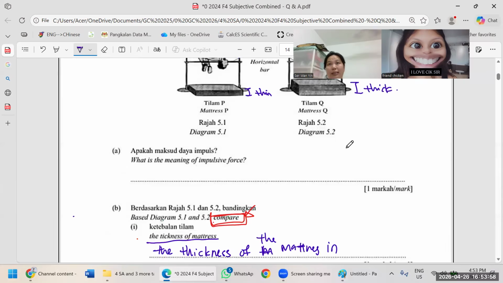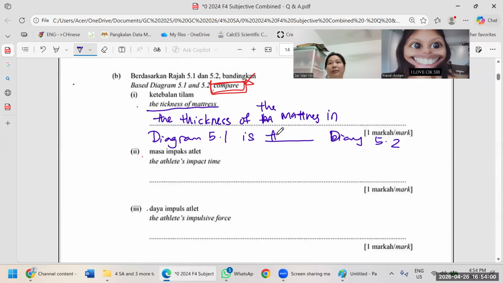Thin and thick can. So it's thinner than, lesser, smaller than. Actually, impact time. Please recopy. If you don't want to say athlete, the most important is the physical quantity. Thickness can be measured in length, so impact time. You don't want to write the adjective, doesn't matter.